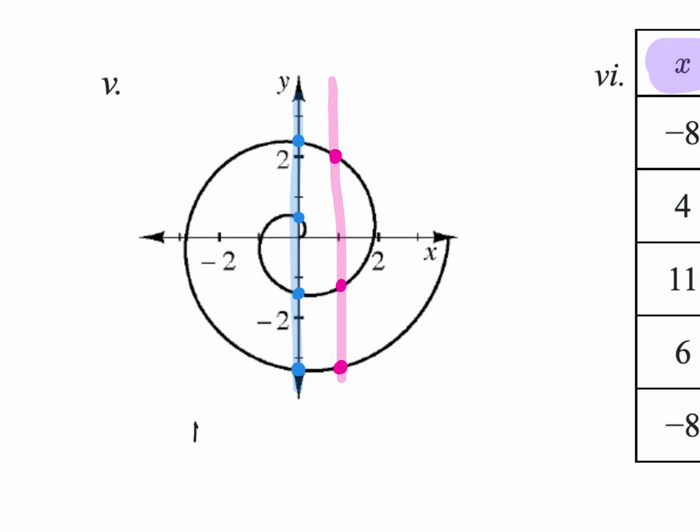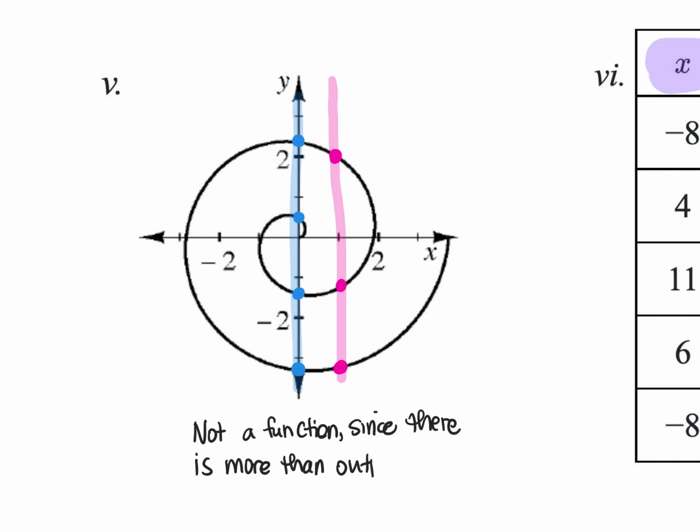We would say that this is not a function. And the reason we say it's not a function is since there is more than one output for the input, we'll say, just pick one of them, x equals 1.